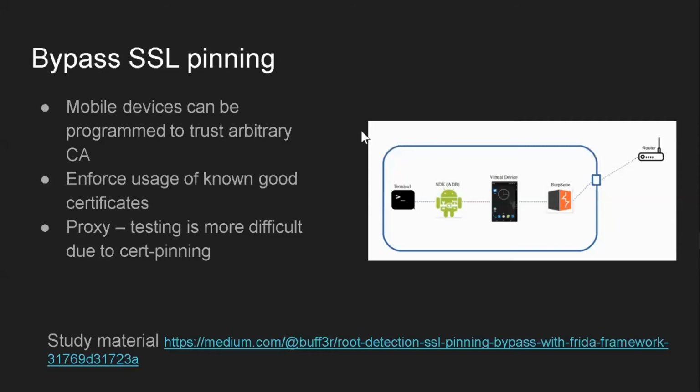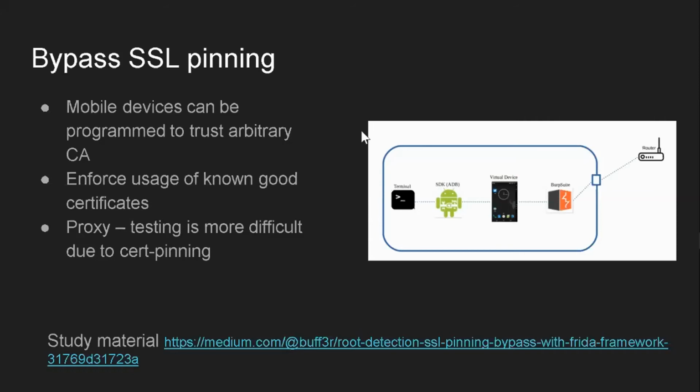And how that works is the remote API is going to provide the mobile application a certificate, and that certificate will define whether the mobile application actually talks with the API and that API is not impersonated.